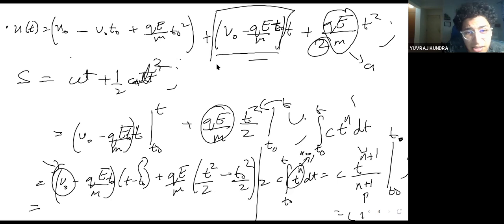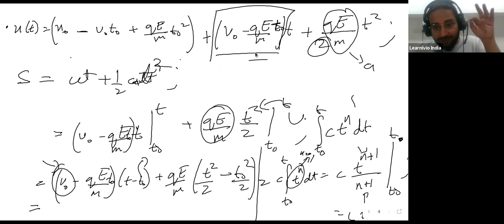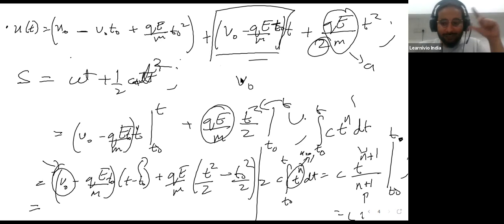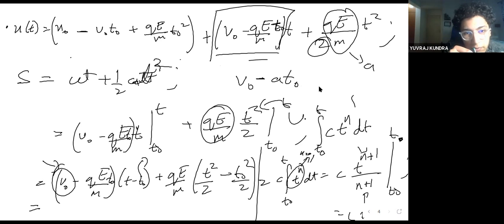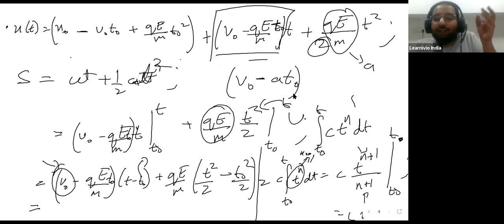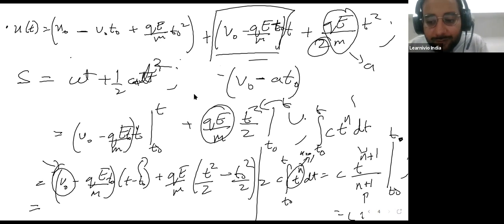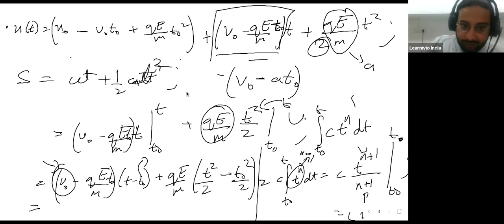Sir, I guess initially this would turn out to be 0. No, no. We are given some constant values, right? But notice what it is. It is just v naught, the initial velocity, minus the acceleration times the initial time. So this is essentially your initial velocity, because we're taking our initial point to be t naught.